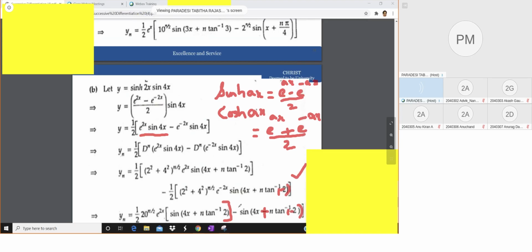If you're taking an e power 2x common out, then e power -4x should still be there inside in the last step. So don't take common out, just keep it as it is.